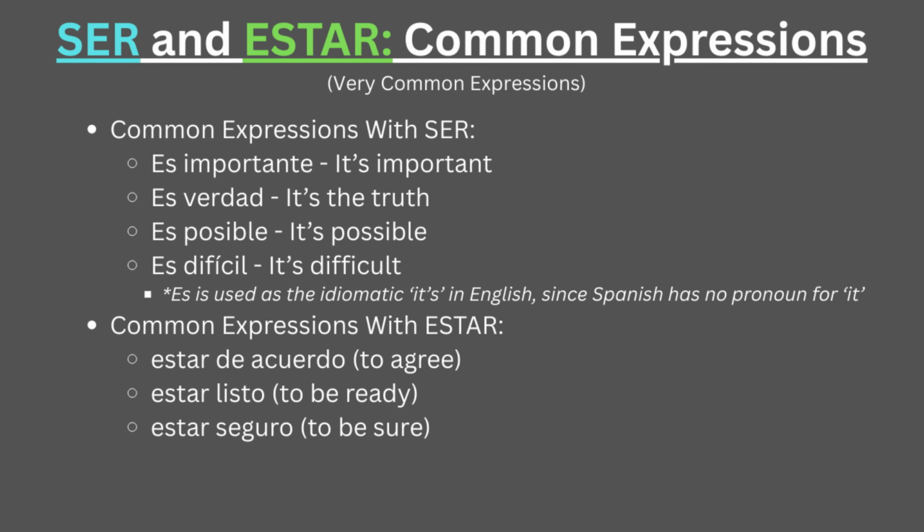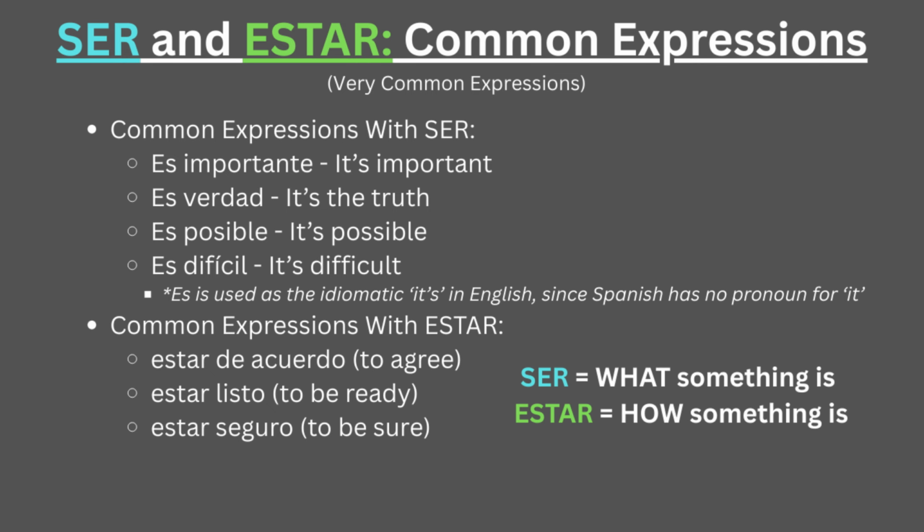Other expressions that are common with each verb are es importante, es verdad, es posible, es difícil, estar de acuerdo, to agree, estar listo, to be ready, estar seguro, to be sure. Think of ser as what something is, and estar as how something is, which is a good memory trick that can help you understand the verbs.